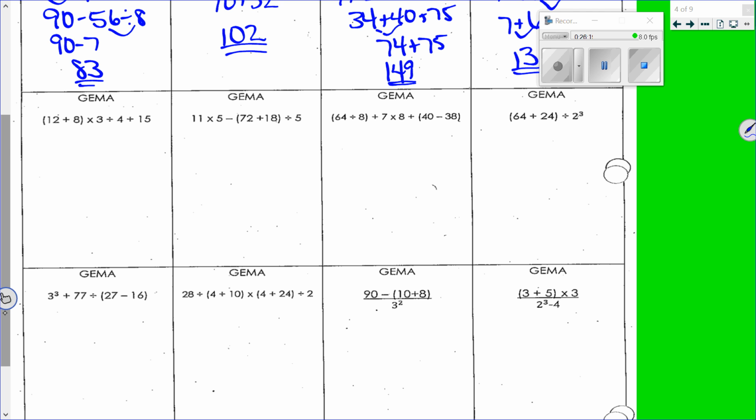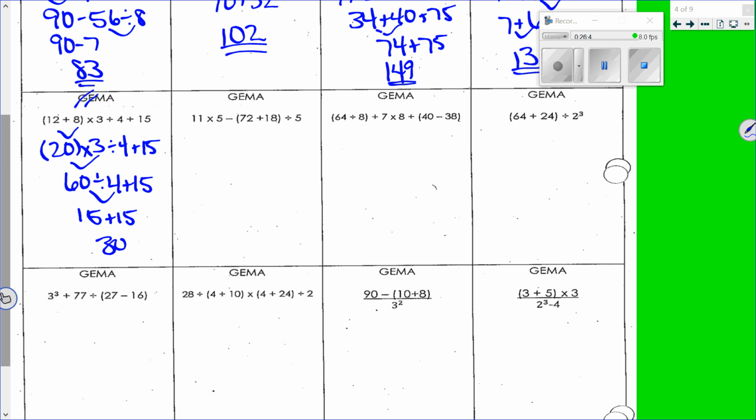Next up, I do again have a grouping right here at the beginning. Gives me 20 times 3 divided by 4 plus 15. No more groupings, no exponents. So multiplication division is going to go left to right. 60 divided by 4 plus 15. Now I have a division, 15 plus 15 for a total of 30.